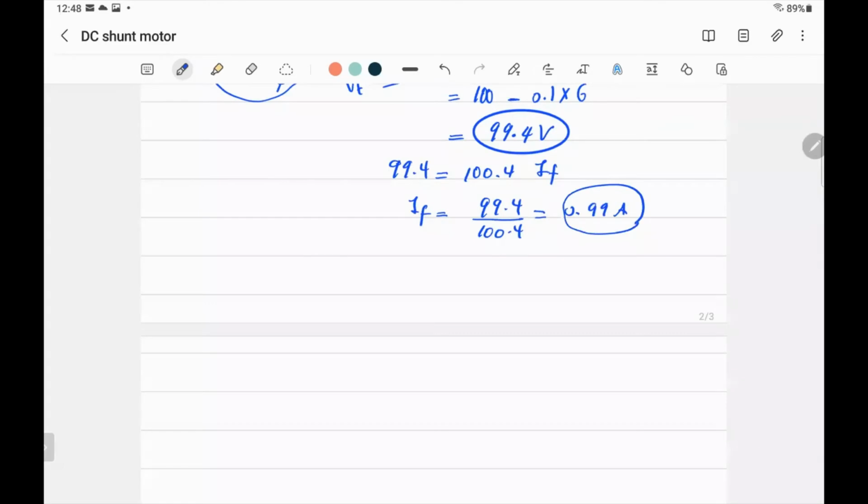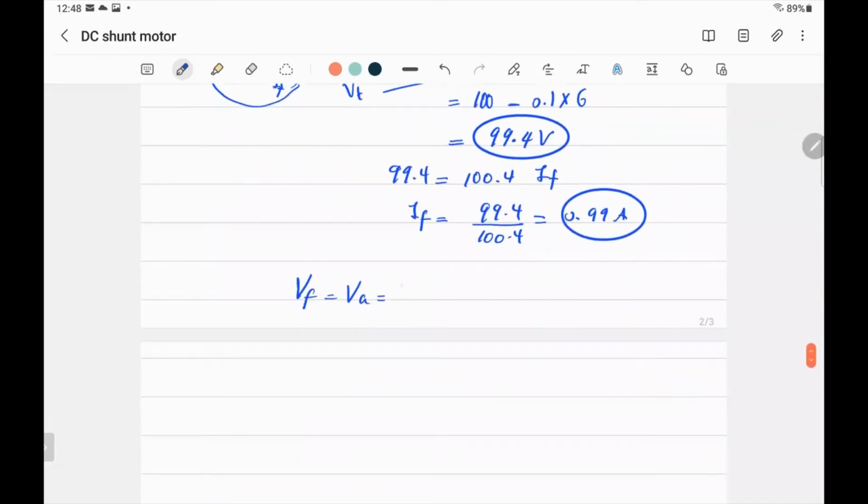That's IF. The first part is solved, because I have VF, and I know that VF in this case is equal to VA, which is equal to 100. And I know IF is equal to 0.99 amp.